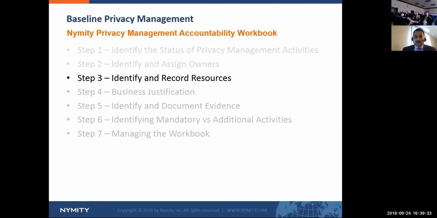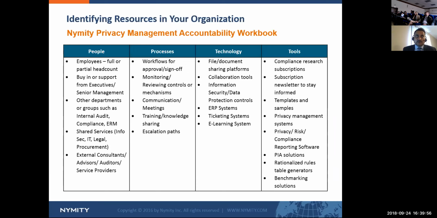Okay. Step 3 is identifying and recording resources. So if you've identified the status, you identified owners, you have to identify and record what resources are going to be required. And when we mean resources, we mean people, process, technology, and tools. To structure a privacy program, you need to address what current resources and what resources moving forward will be required to maintain that activity.